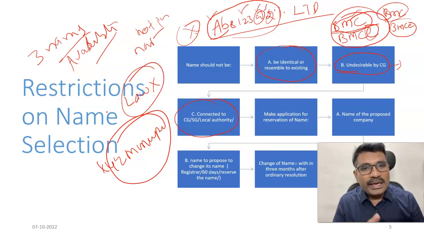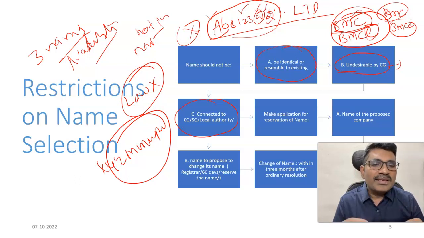So we are talking about the legal aspects of the name. The selection of the name is the discretion of the promoters or the founding people of the company. They have a choice to select the name, subject to the availability of the name, subject to it not being contradictory, and permitted by virtue of law. If it is permitted by virtue of the rules and regulations, the name can be selected.